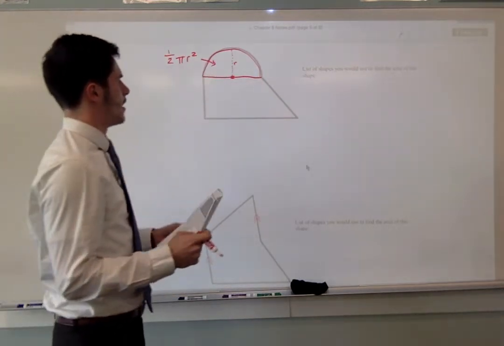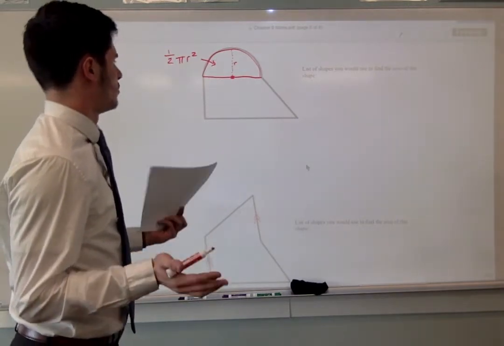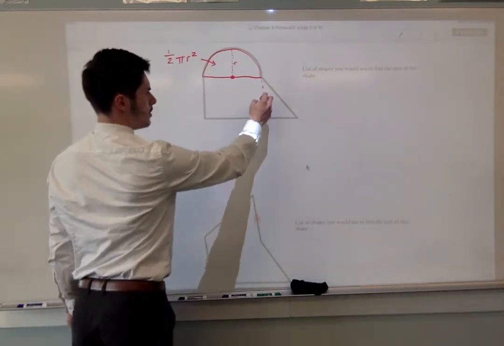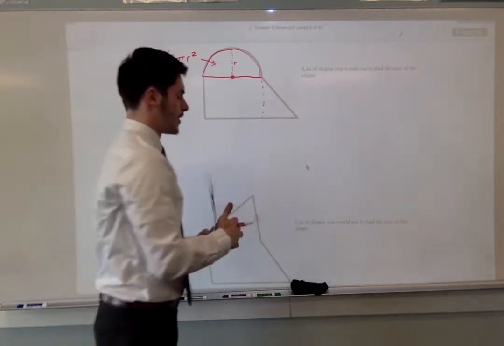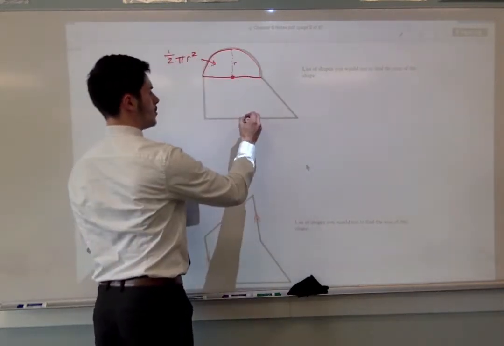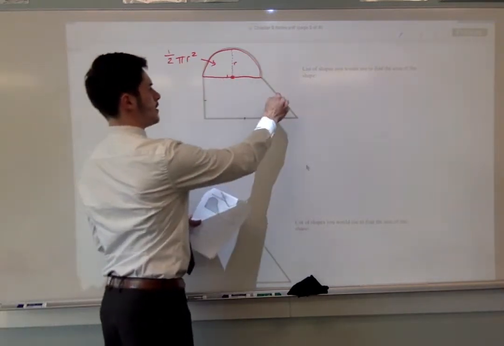Next, I see that I have, I don't know, we could say a rectangle with a triangle, but more accurately, we could just say that this whole thing is a trapezoid, right? We've got base 1, base 2, and then we've got the sides right here.